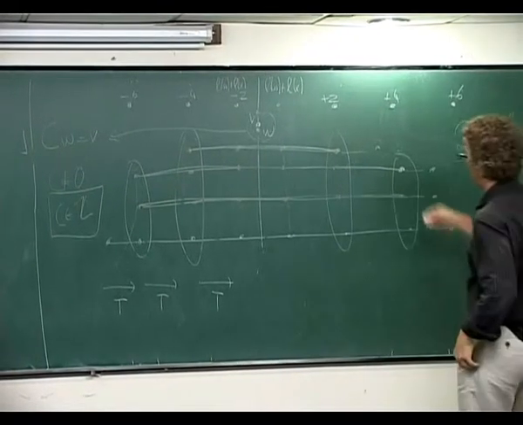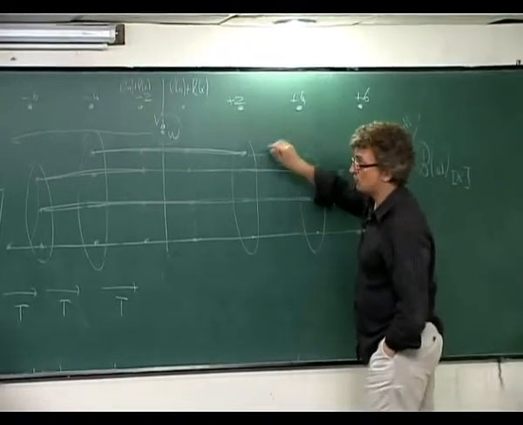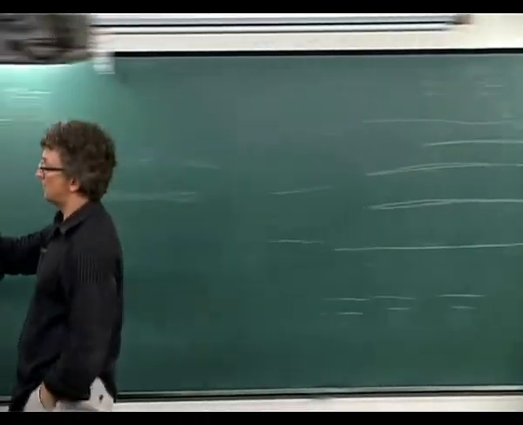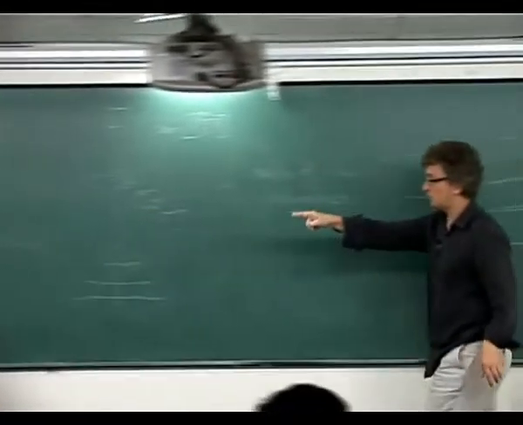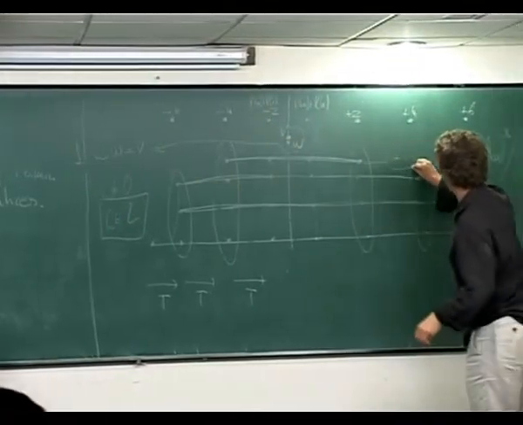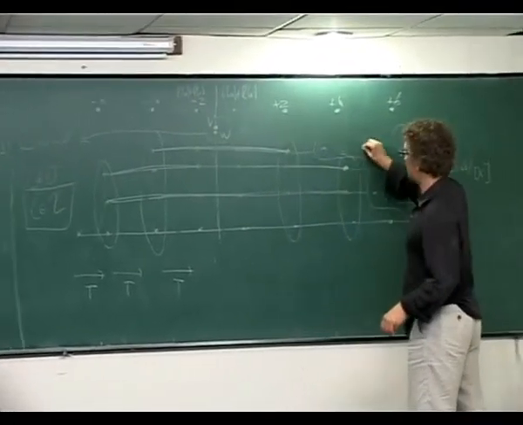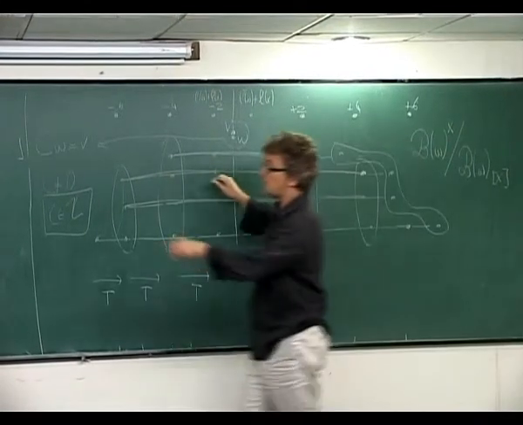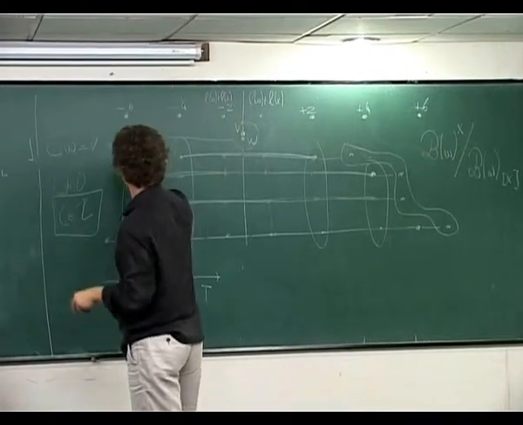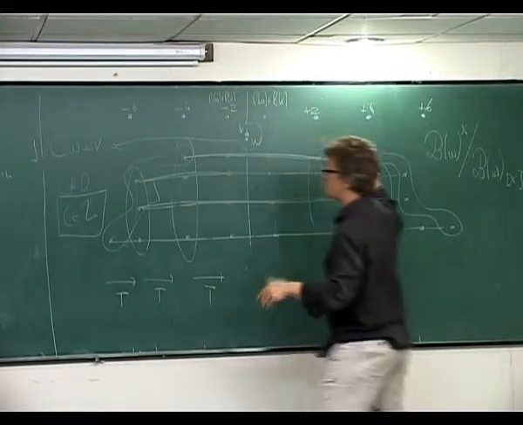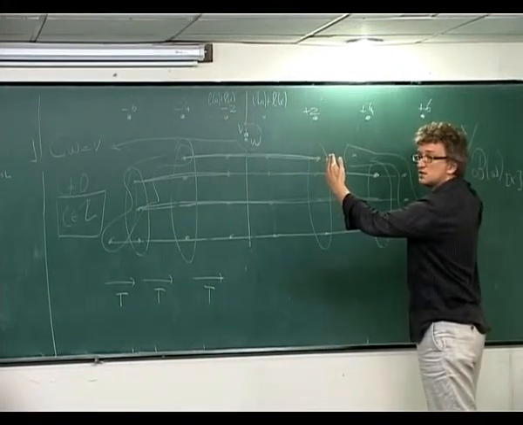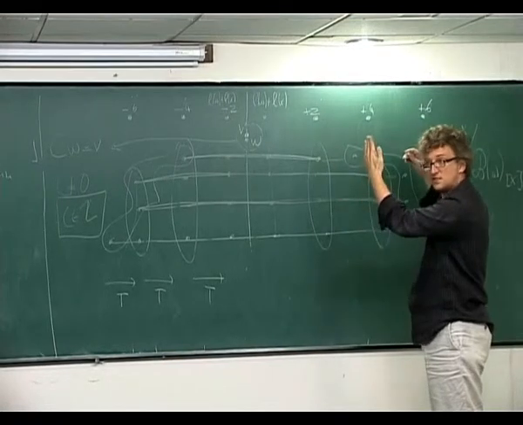So you choose a basis in here and in here. BS lower bracket X would have these 4 basis elements, and BS upper X would have these 4 basis elements. And then you look at the corresponding matrix. Each entry is just a power of t.